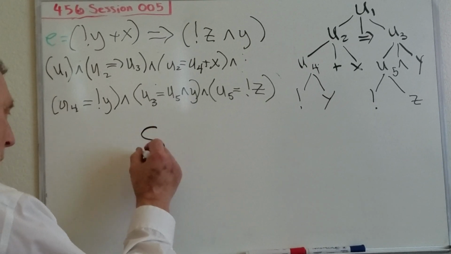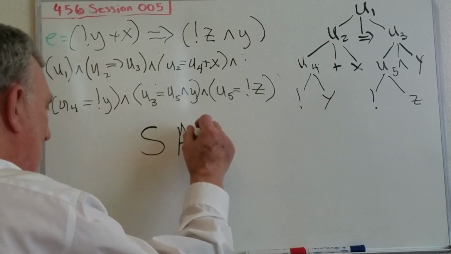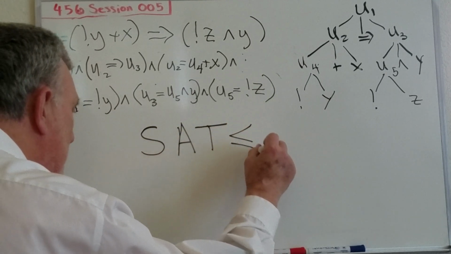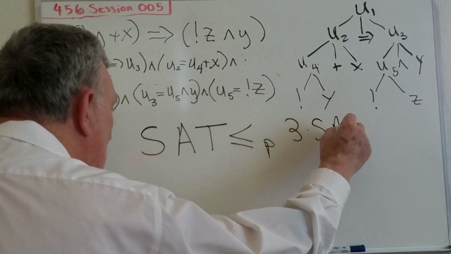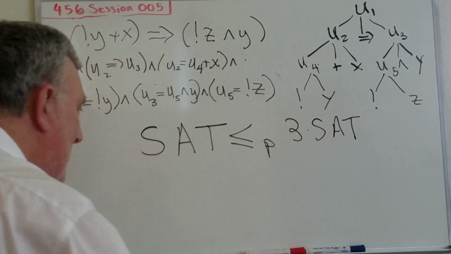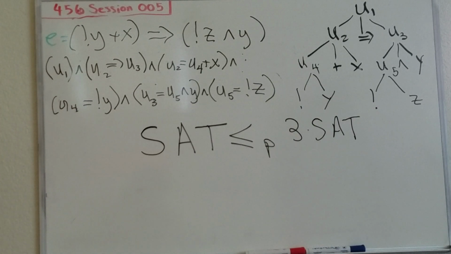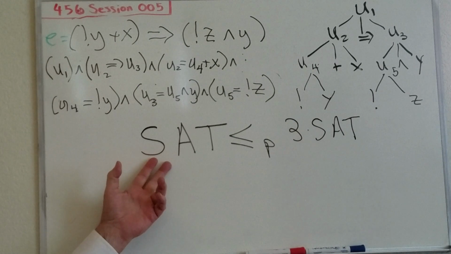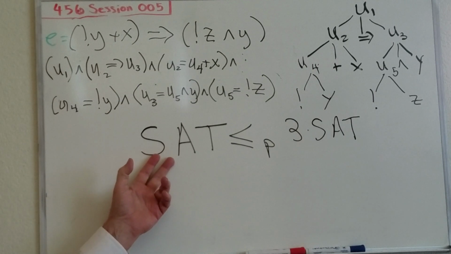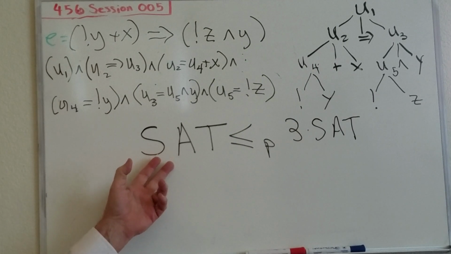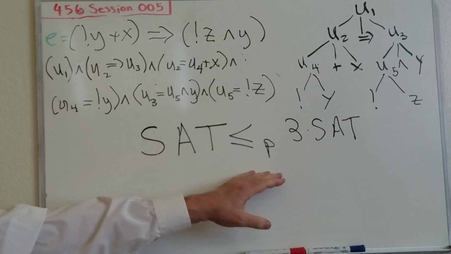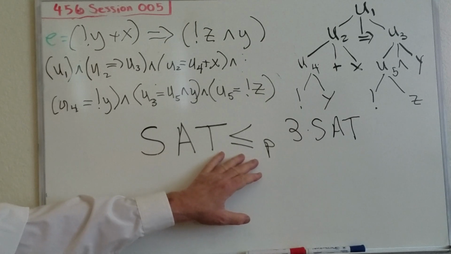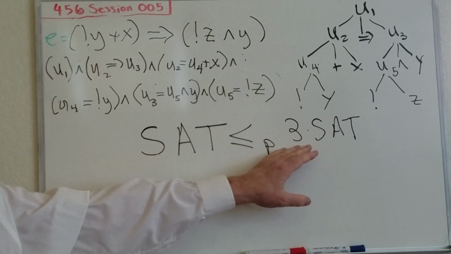What we have now is a polynomial time reduction of SAT to 3-SAT. Now 3-SAT is very clearly in the class NP. And SAT is known to be NP complete, although I have not indicated how that is proved. I plan to do that. And therefore, by the usual reduction theorem, we know that 3-SAT must be NP complete.